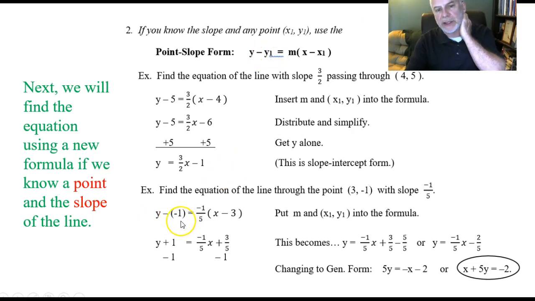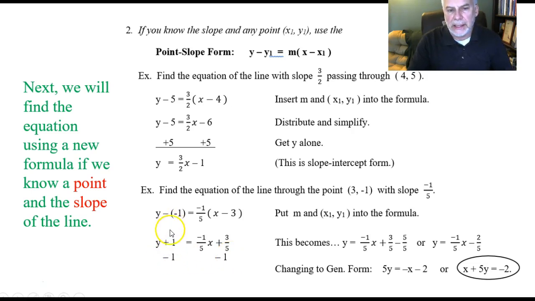So y minus negative 1, and that's going to just end up to be y plus 1, of course. And then you have the slope, m, negative 1/5, times x minus 3. You would distribute, and you'd get negative 1 over 5x. And if I multiply negative 1 over 5 times negative 3, I get positive 3 over 5.